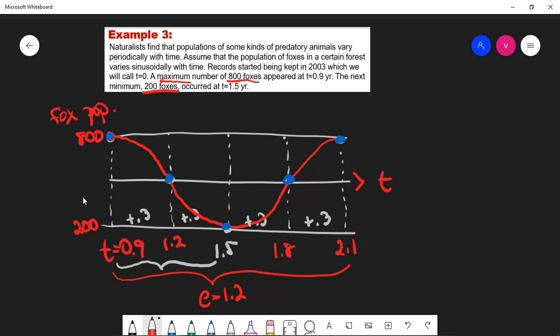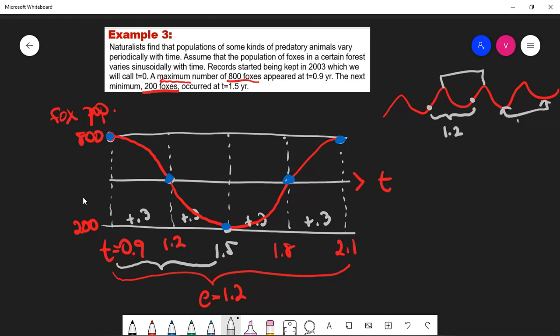So again, people, even if this is what's happening with the fox population, it wouldn't matter where you started. If you started at the weird spot that they told you, like here, and timed it for one whole cycle until here, that period is still 1.2. No matter if you go from the max to the max or the min to the min, it doesn't matter.